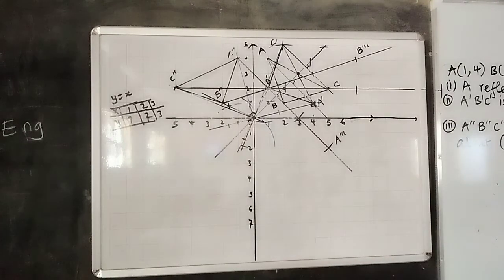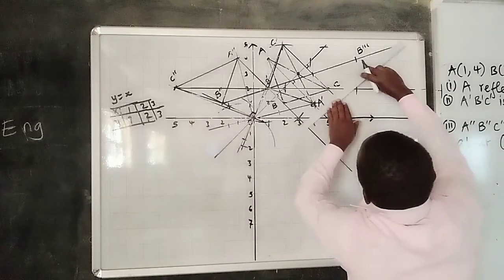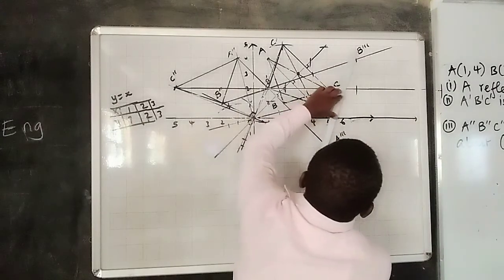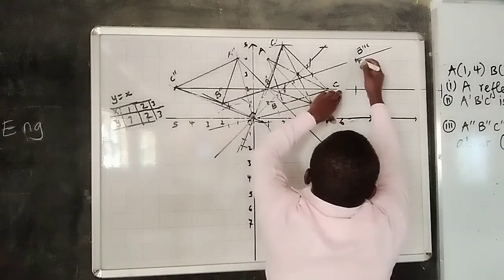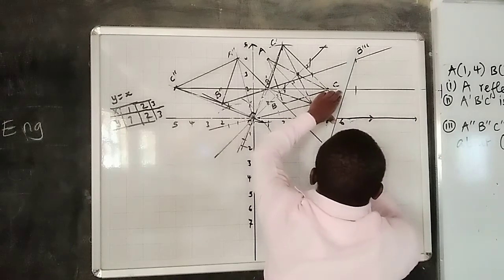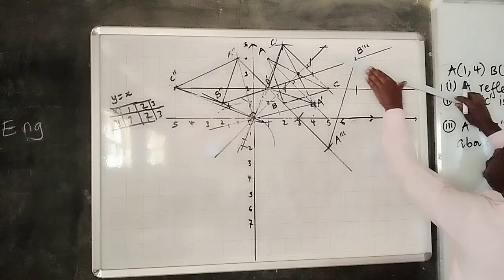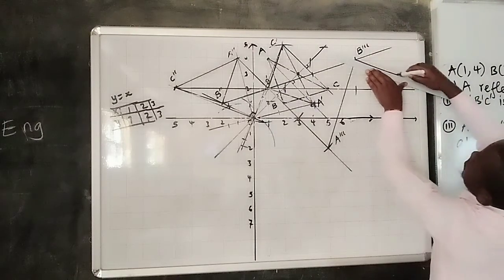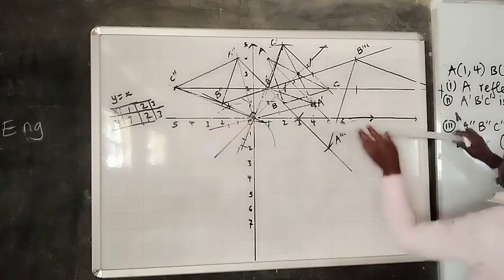Therefore, the enlarged triangle: the enlarged A is here, to B. A to B like that is the enlarged one. Then from B to C. Therefore, C is somewhere here.